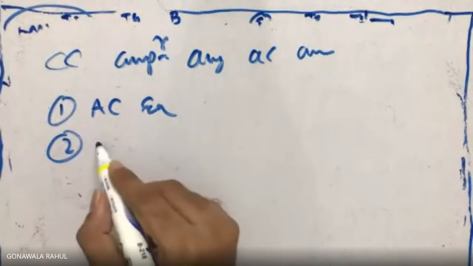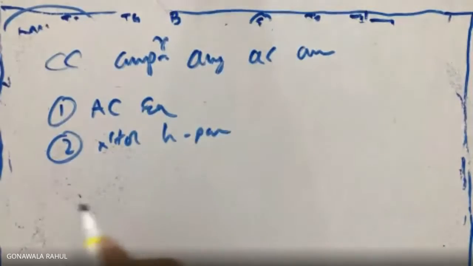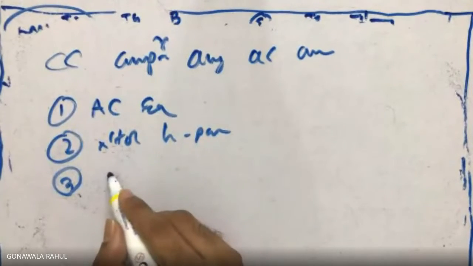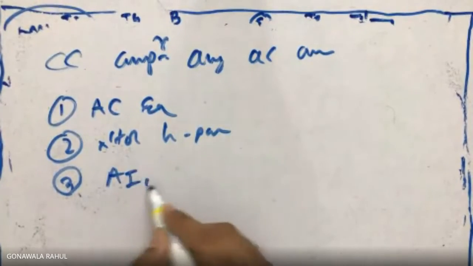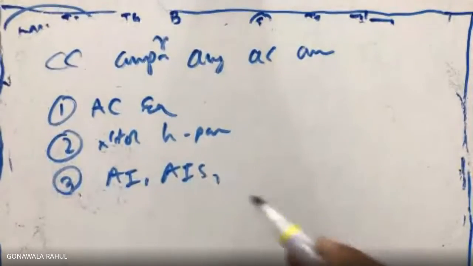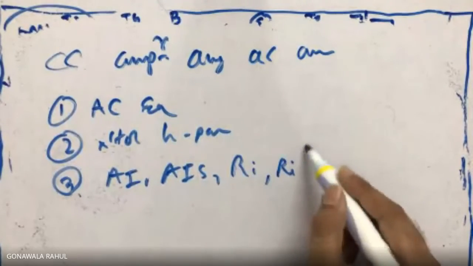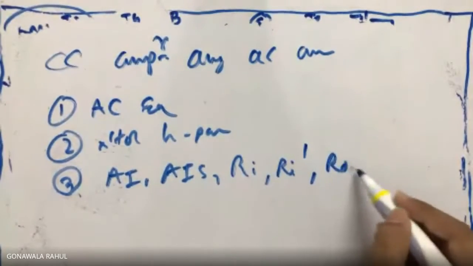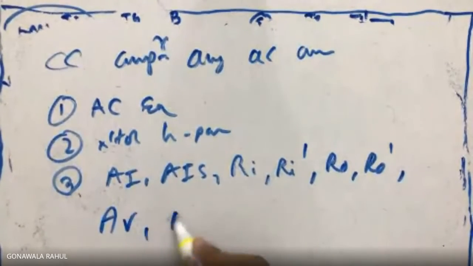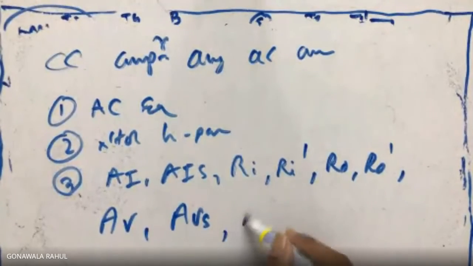Step number 2, replacement of the transistor by its H parameter equivalent circuit. And step number 3, we found the current gain of the circuit, then considering source, the input impedance, then output impedance, then voltage gain considering source resistance, then power gain.